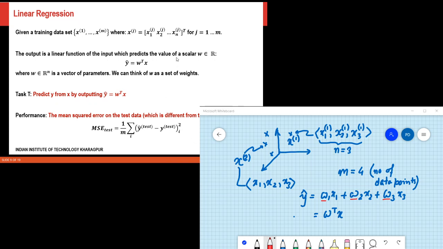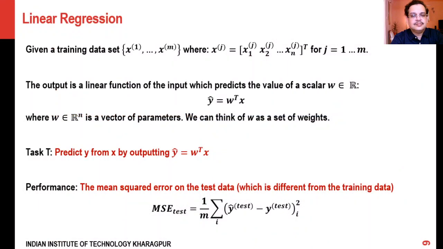Now, how do we go about doing that? So let us see. The performance that we finally want to achieve is on the test data. Remember that there are two types of data that we talked about.